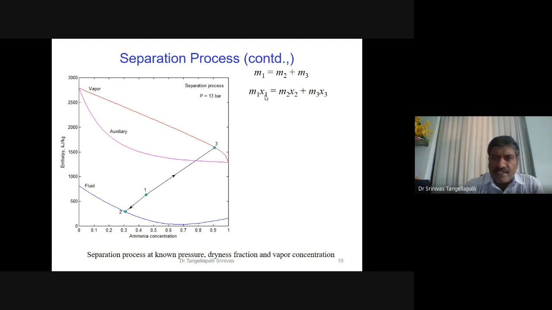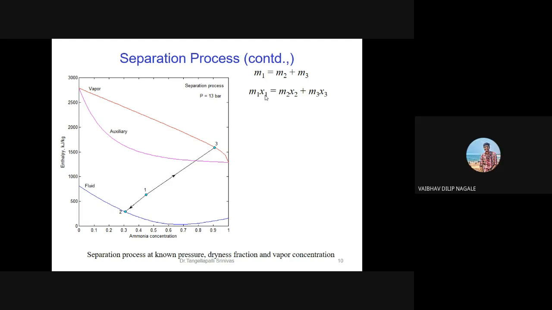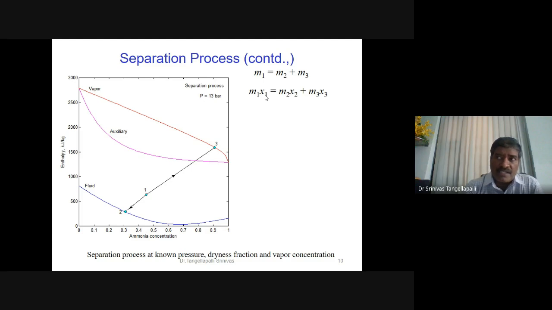But as per the definition, it is mass of ammonia per kg mass of mixture. For 1 kg, for example, if x1 is equal to 0.2, what is the meaning? 0.2 kg of ammonia out of 1 kg of mixture.